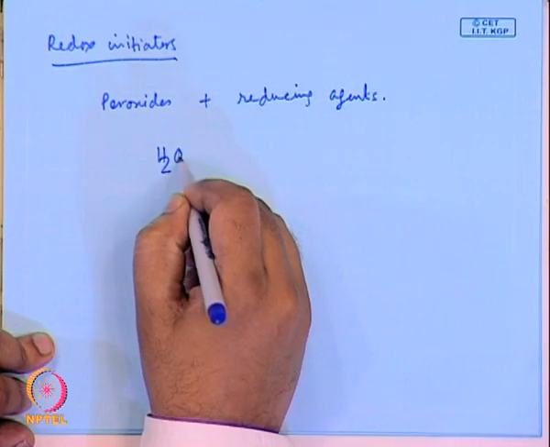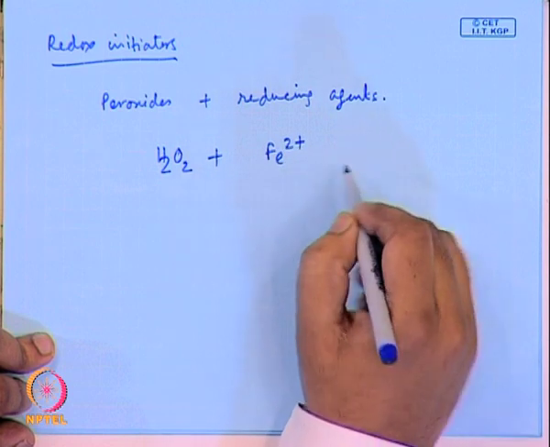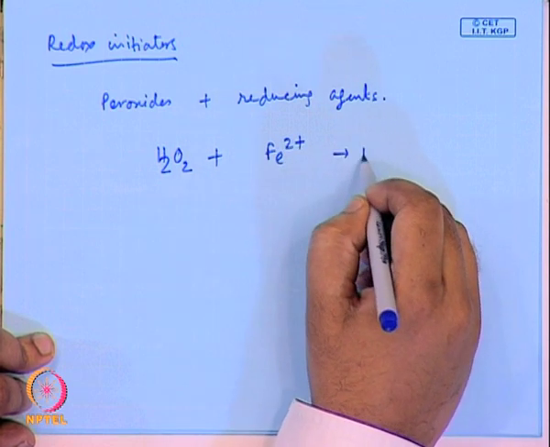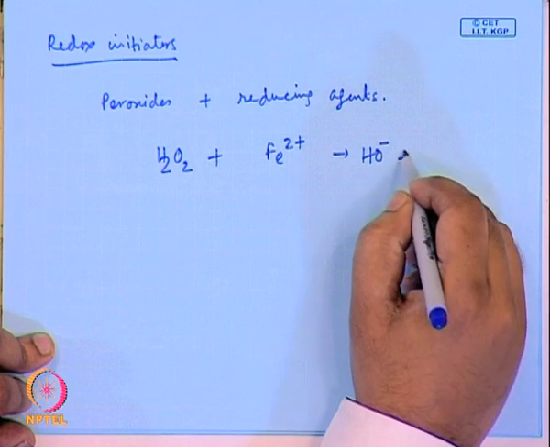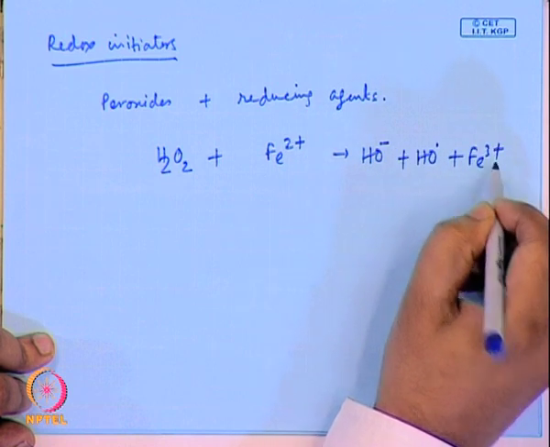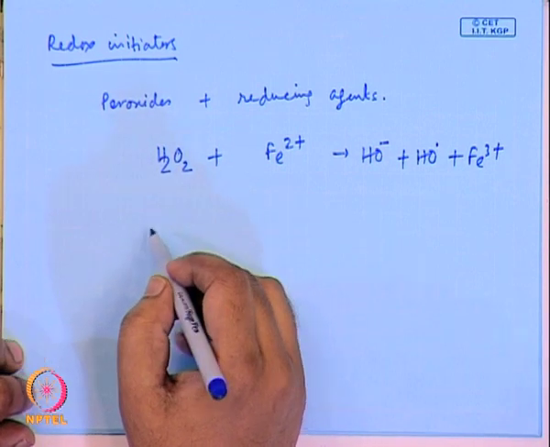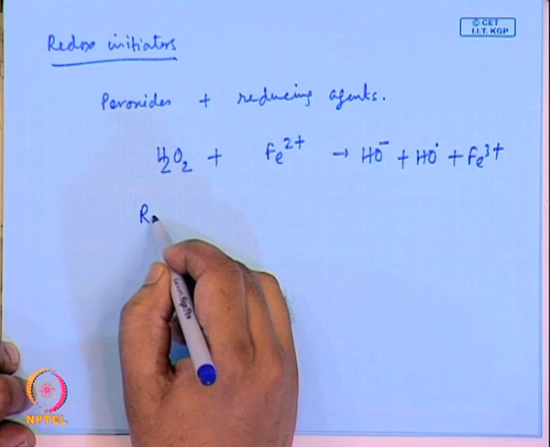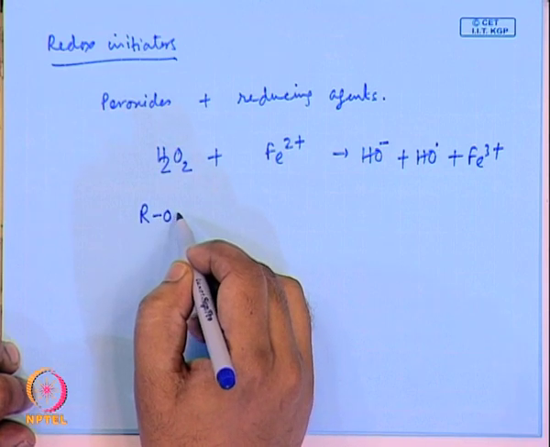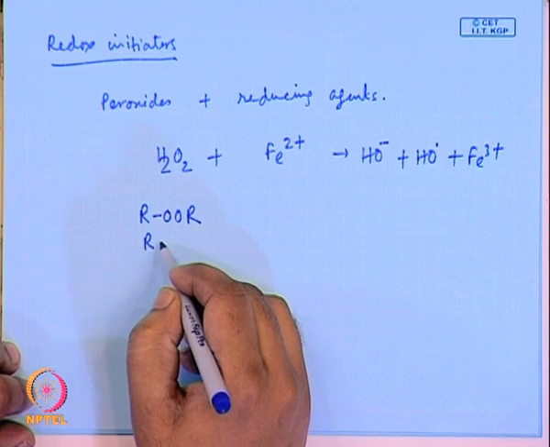For example, hydrogen peroxide plus ferrous salts giving HO minus plus HO dot plus Fe3 plus. Instead of hydrogen peroxide, you can use other peroxides or hydroperoxides as well.